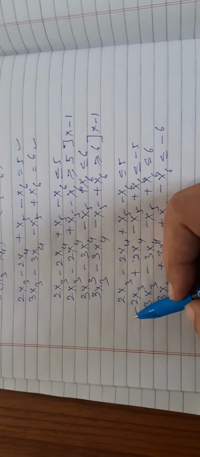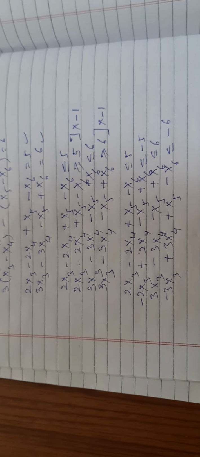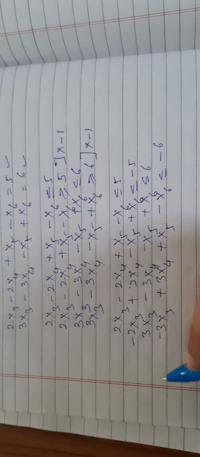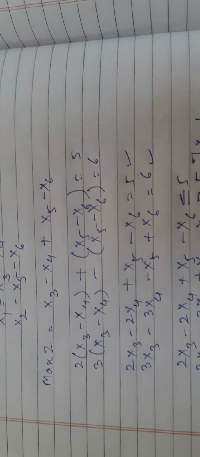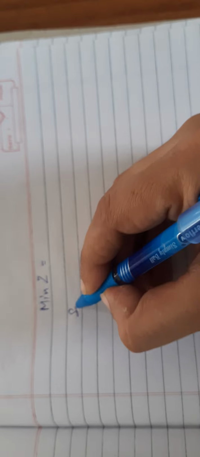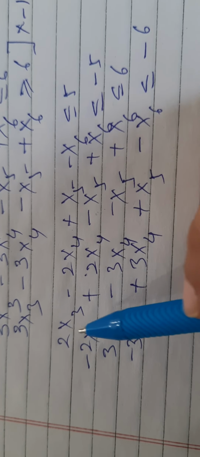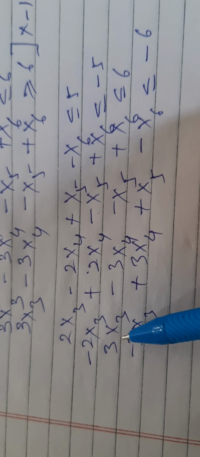Now to convert them, since it was the maximization case, I would convert it into the minimization case. So how would I convert it? Minimize z equals, I'll write down the objective function, subject to constraints. Now the vertical things become horizontal, horizontal things become vertical. So I'll write down 2, minus 2, 3 and minus 3 with y sign.